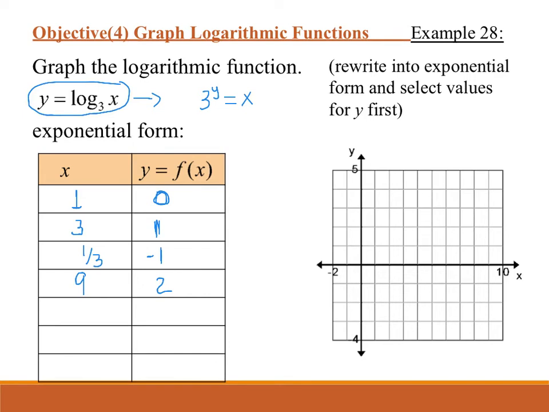In this case, our vertical asymptote is going to be the y-axis because x cannot be 0. So we will put a vertical asymptote right here on the y-axis.